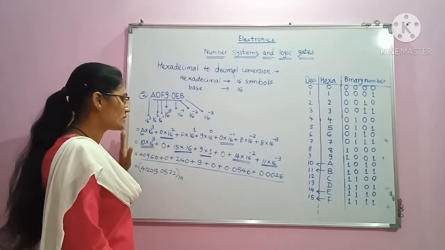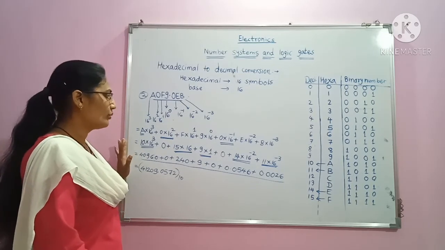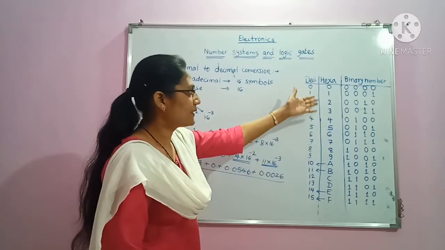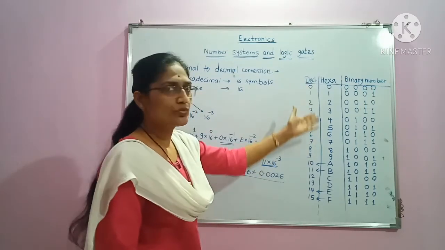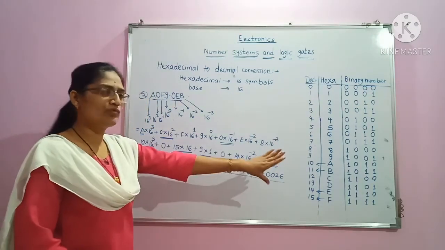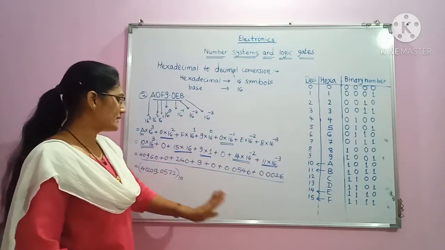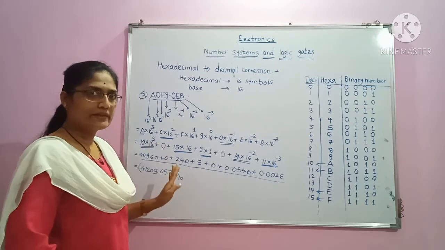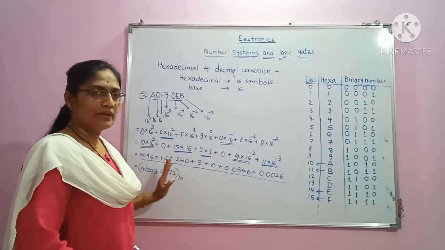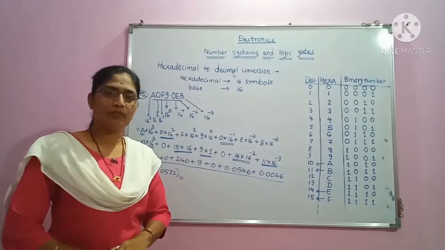So the procedure was simple: you have to recall the decimal values and their corresponding hexadecimal numbers, and by using this table, one can easily convert a given hexadecimal number into its decimal form. Thank you.